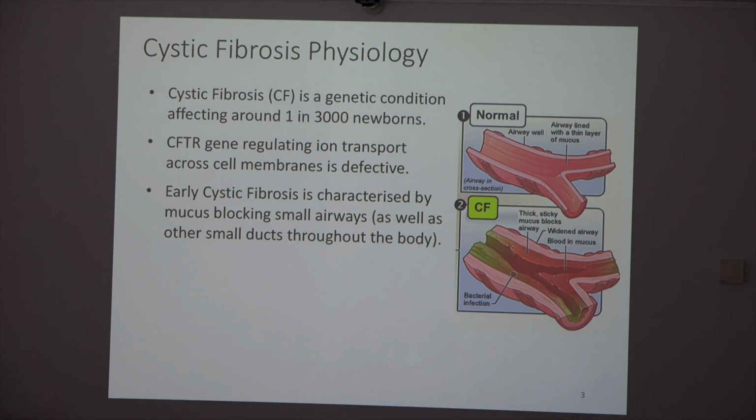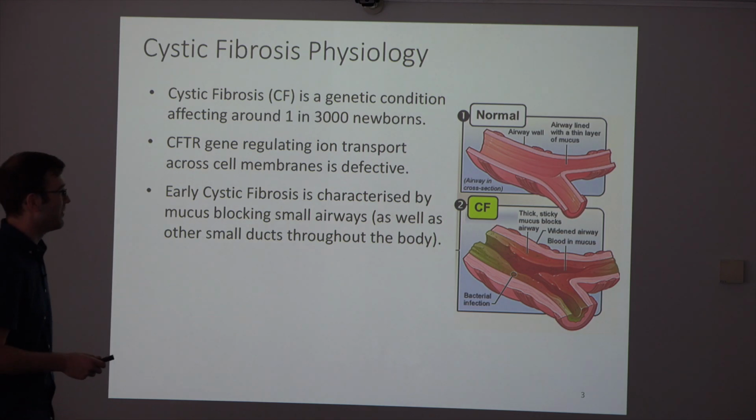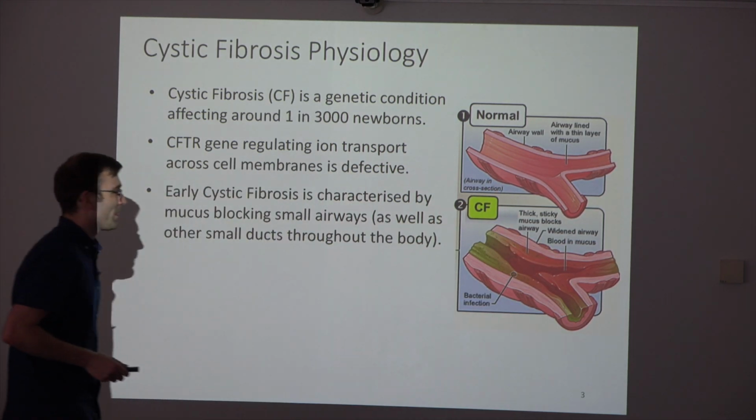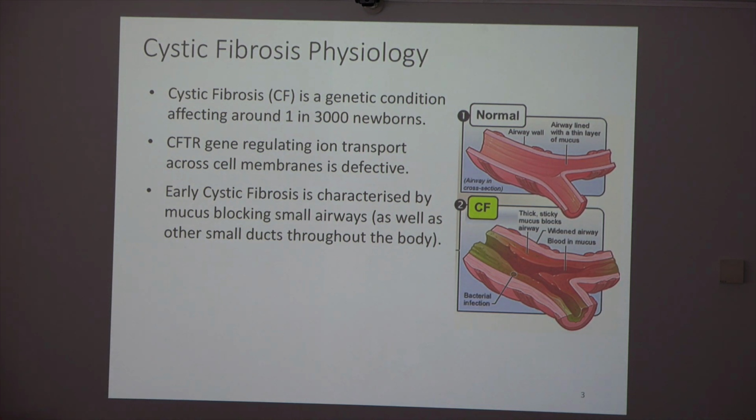When that's faulty, essentially the mucus that is normally in many ducts of different parts of the body, but in particular in the lung, the mucus lining is much stickier, it's not well hydrated, and the fluid layer underneath the lining is also dehydrated. And so the cilia that normally push the mucus out of the lung in a kind of conveyor belt mechanism, which captures pathogens and removes them from the lung, can't function normally.